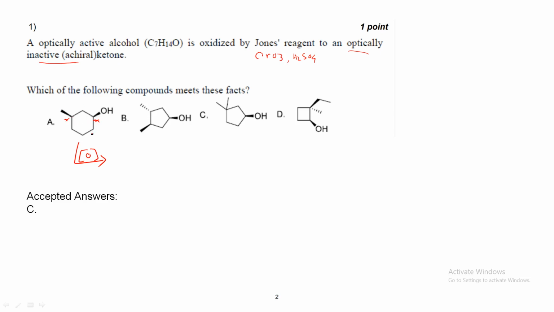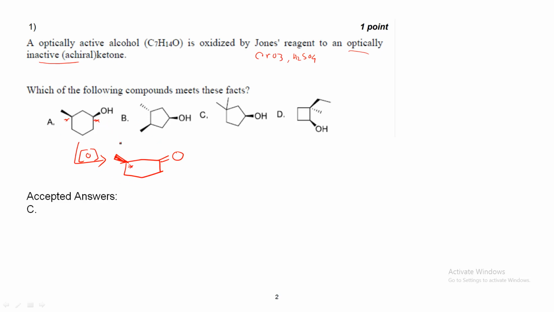When we do the oxidation for this particular molecule, this alcohol will be converted to its corresponding keto, but this center would be absolutely unaffected. After oxidation, you can see one chiral center still remains in this molecule. So this should be a chiral molecule, not achiral or optically inactive. So A cannot be the right answer.